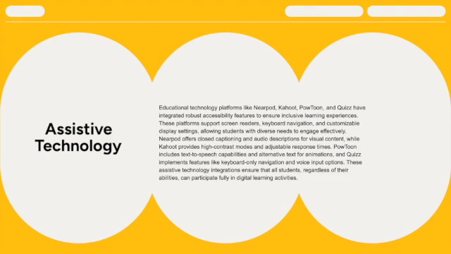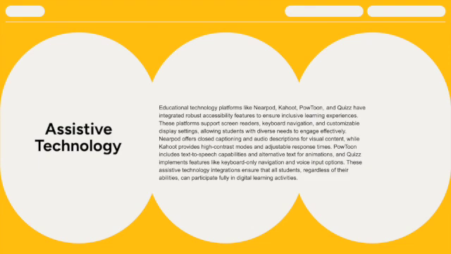So we use Nearpod for multiple lessons. We used it for our digital citizenship. We use it for our TPAC as well. Kahoot provides high contrast modes and adjustable response times. We use Kahoot for quizzes within the TPAC lesson. Powtoon includes text-to-speech capabilities and alternative text for animations.